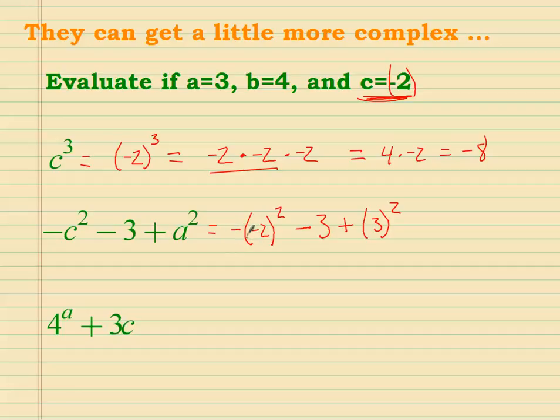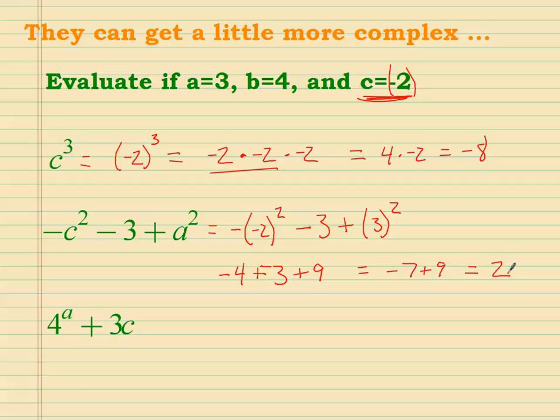I'm not going to do this first because exponents come first in order of operations. So it's going to be the negative of negative 2 times negative 2 is positive 4, minus 3, plus 3 squared is 9. And then I can put these together and I get negative 7 plus 9, and that gives me a positive 2 value.